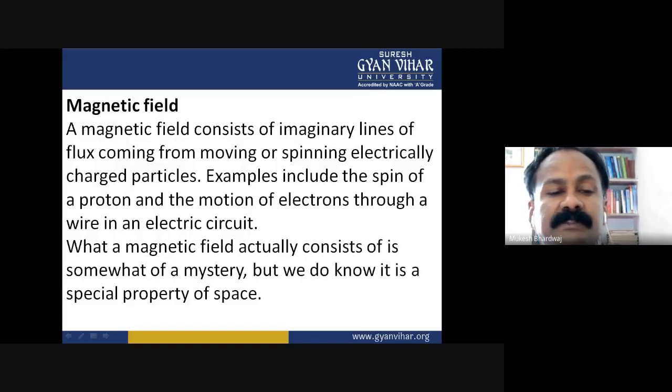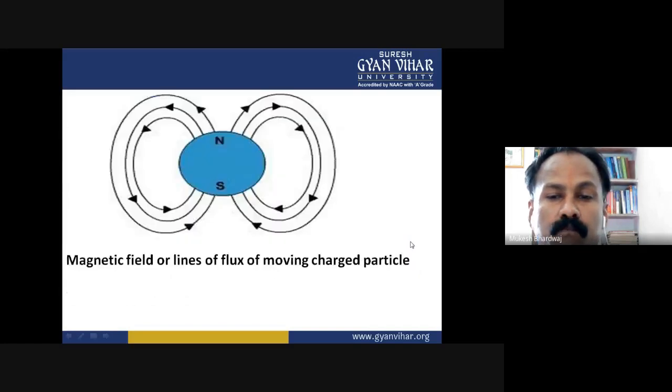So next, what a magnetic field actually consists of is somewhat of a mystery, but we do know it is a spatial property of space. Magnetic field or lines of flux of a moving charged particle.